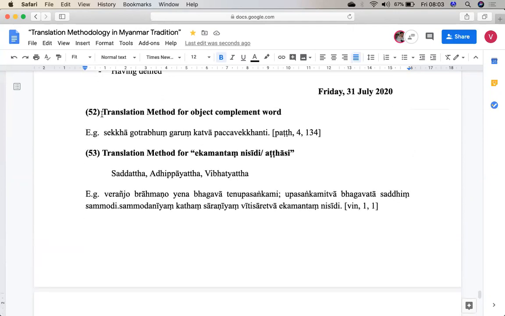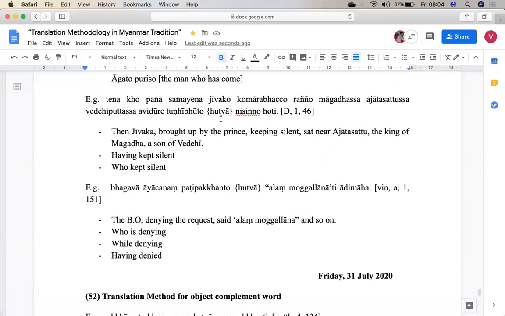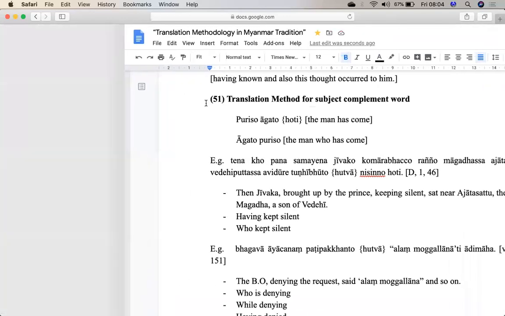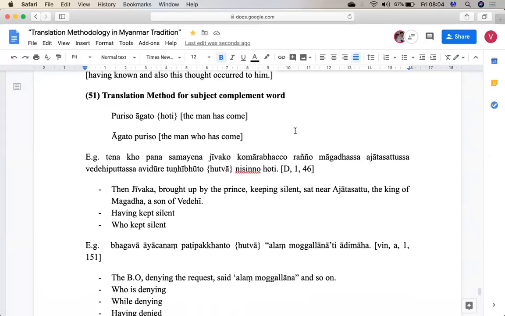Okay, so the translation method for the object complement is related to the former one. The former one is the translation method for the subject complement.